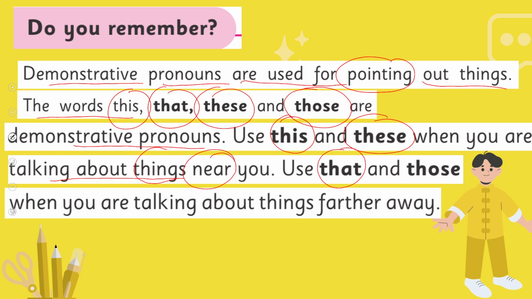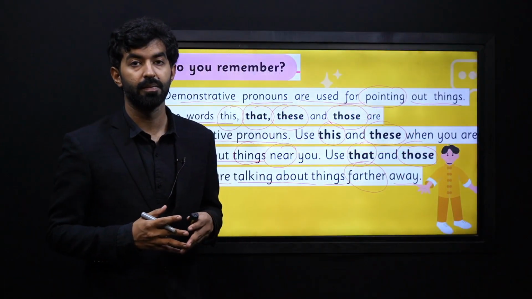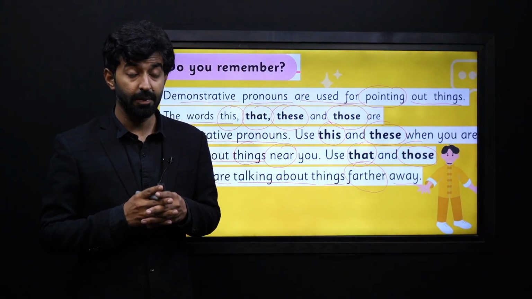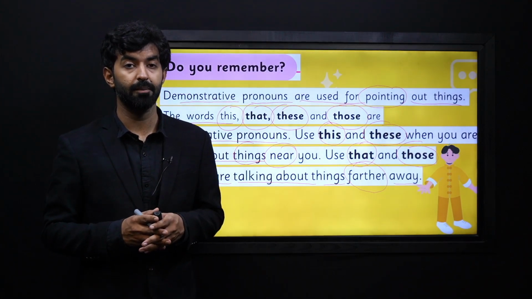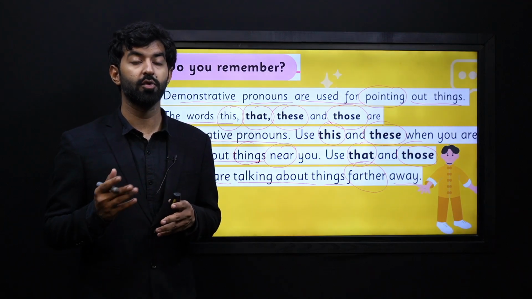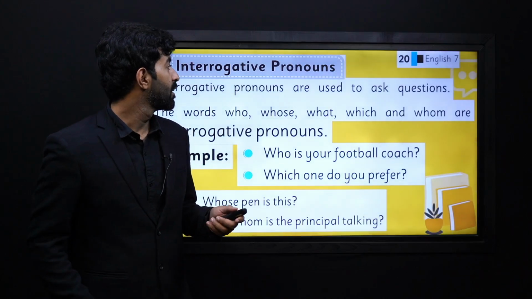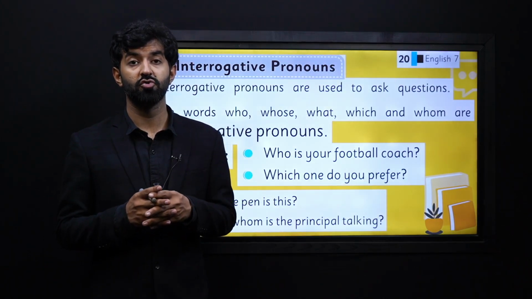Use that and those when you are talking about things farther away, things that are far from you. So these are our four demonstrative pronouns, and we also saw how we use them in both singular and plural forms. Now, let's move on to interrogative pronouns.